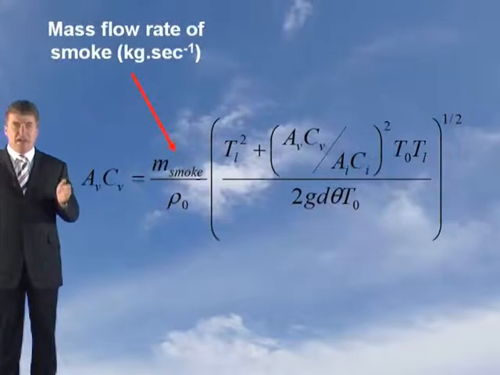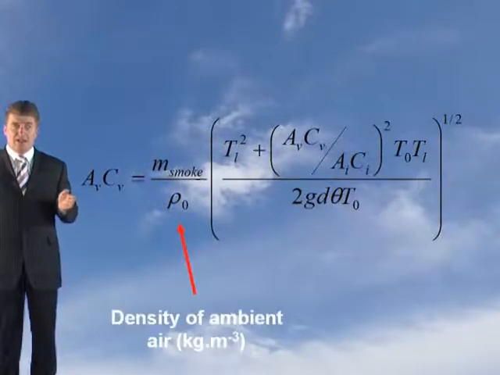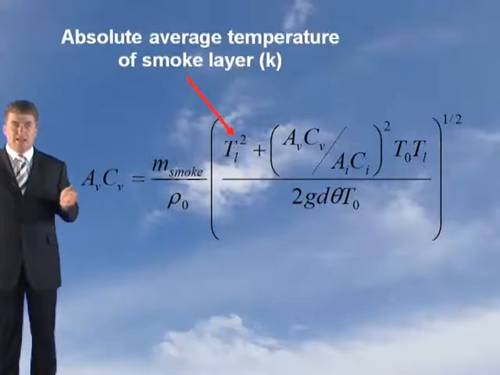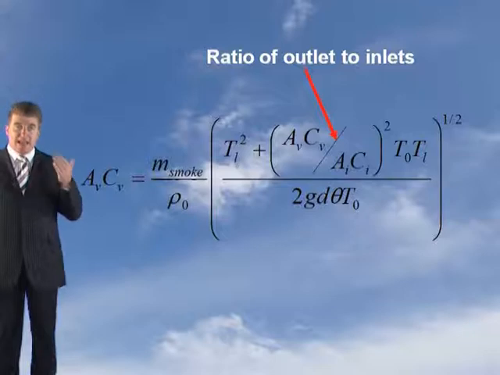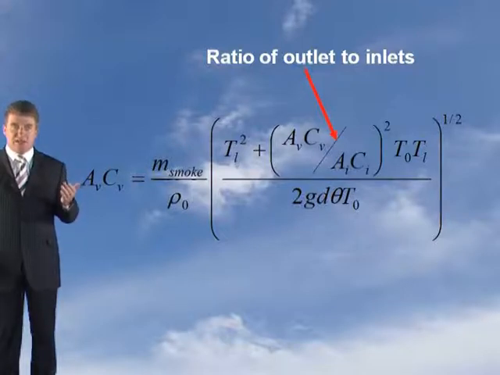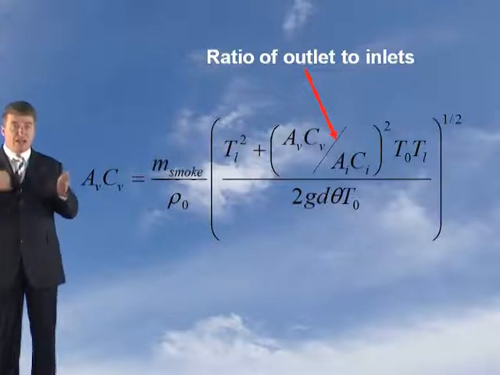Where your M is your mass flow rate, rho 0 is your density of ambient air, which is normally taken as 1.2. Your TL is your absolute temperature of the smoke layer. Your AVCV divided by ACI is your ratio of inlets to outlets. Now, in this case, because we've got 6 reservoirs, you're only going to get a fire in one.